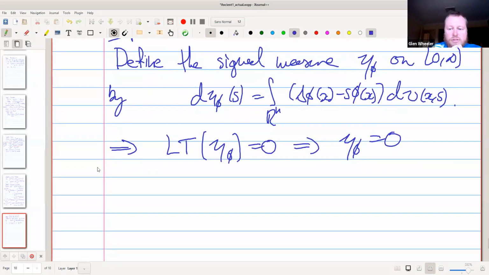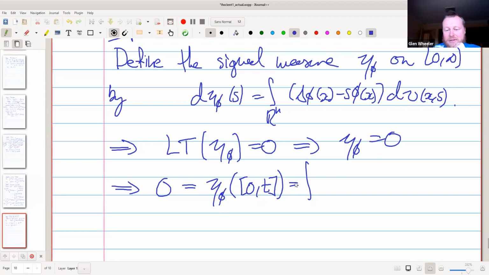And now, what does this really mean? It means that when we take this measure, and I'm going to use the word measure a lot today, and we measure the interval with the measure, then we get 0. That's what it means. But this thing also has a definition, and we can pass these integrals through, and we get this.